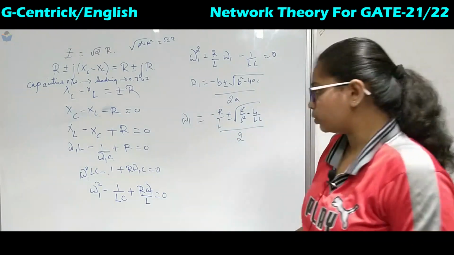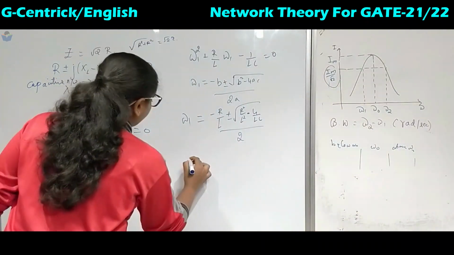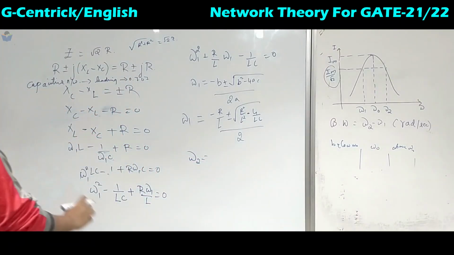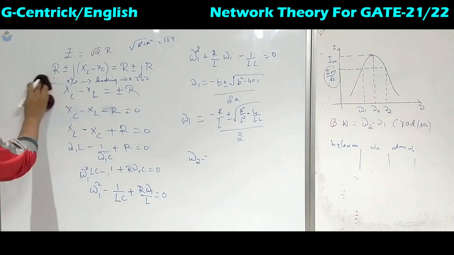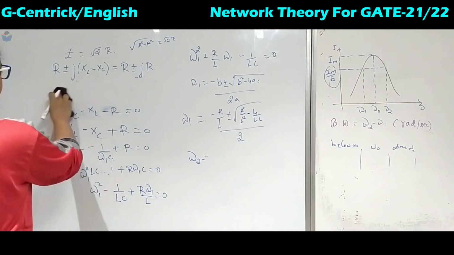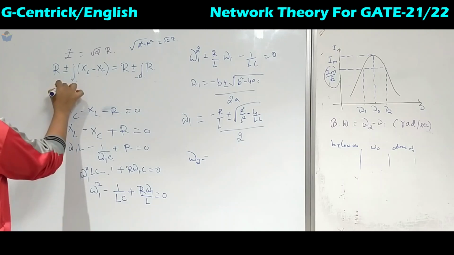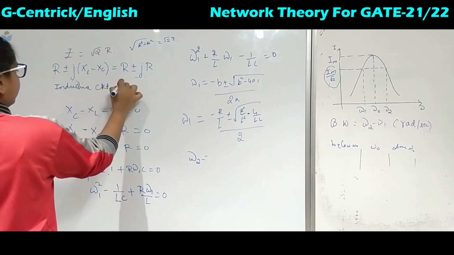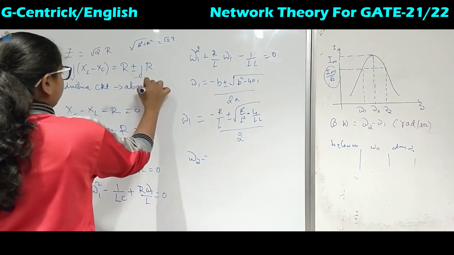Now coming to omega 2. What will you get for omega 2? I will modify it here only. So it will be an inductive circuit. It is an inductive circuit when it is above omega naught.